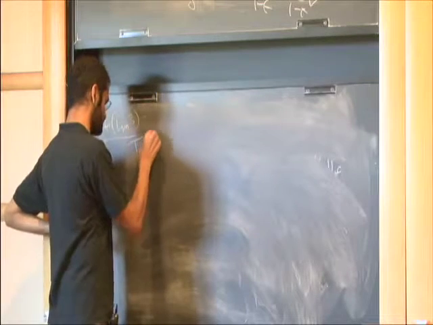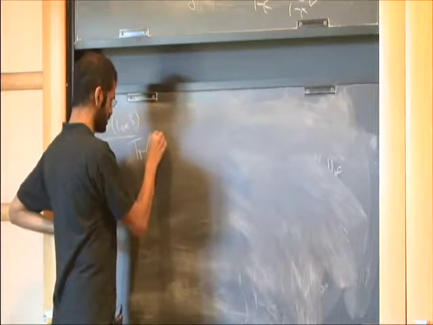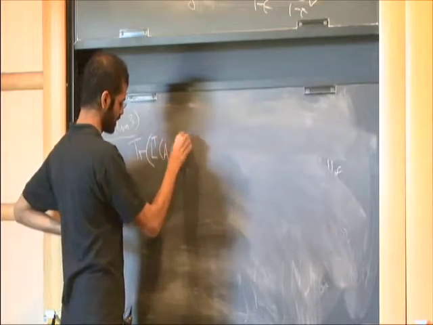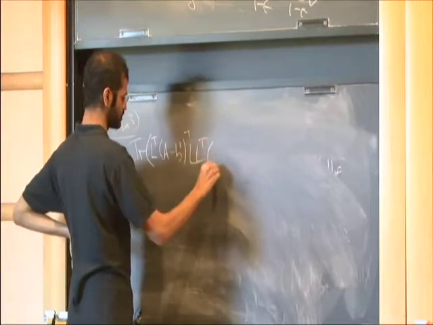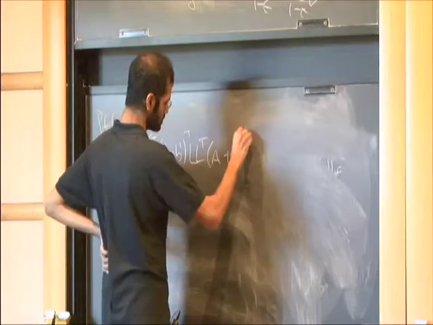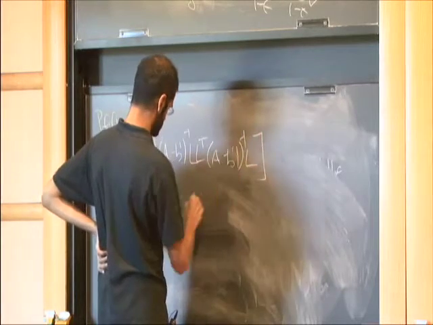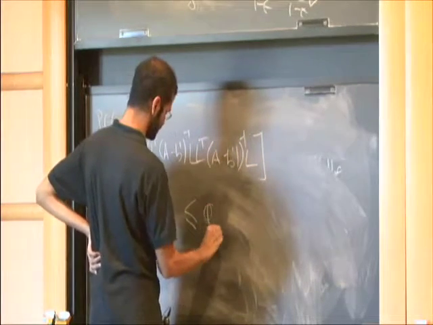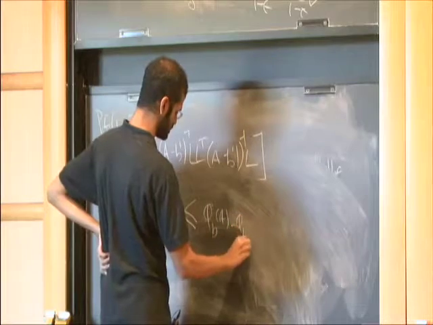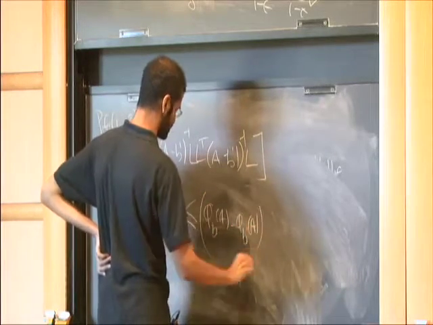I'm going to get trace of L transpose (A minus B prime I) inverse L transpose L, less than, so here I have some constant that doesn't enter into the sum.